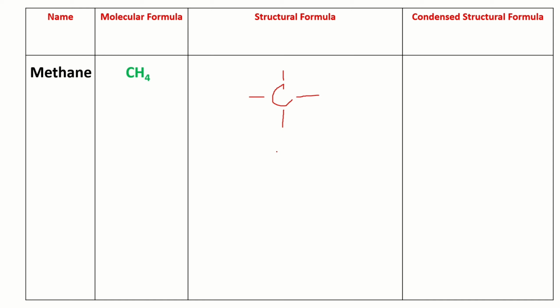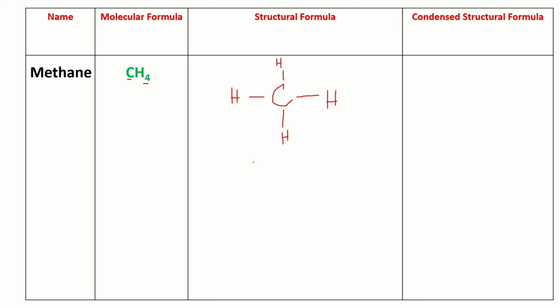We will write 1 carbon atom. And how many hydrogen atoms? We get 4. Again, hydrogen is happy with 2 electrons, or duet rule. So this bond represents the sharing of electrons. This is the structural formula of methane.